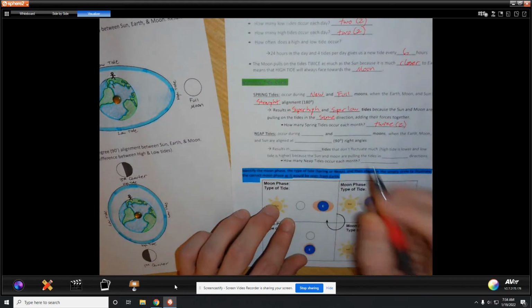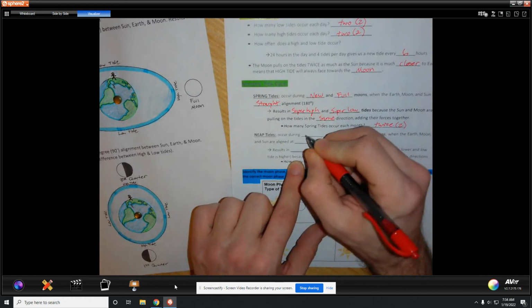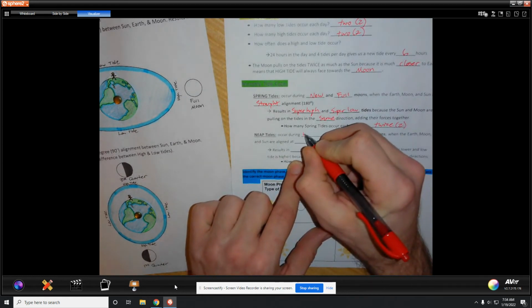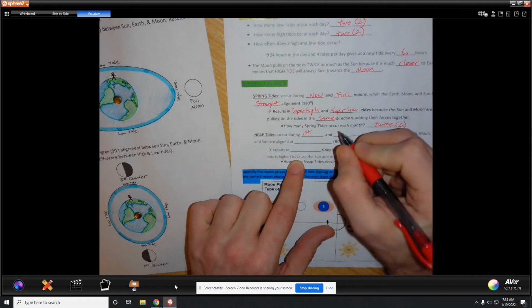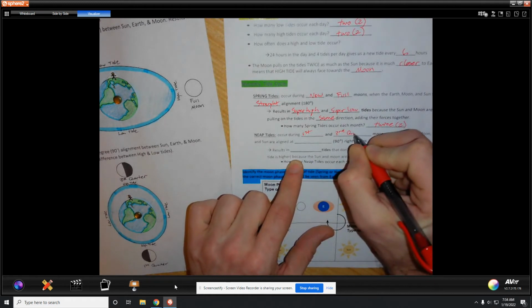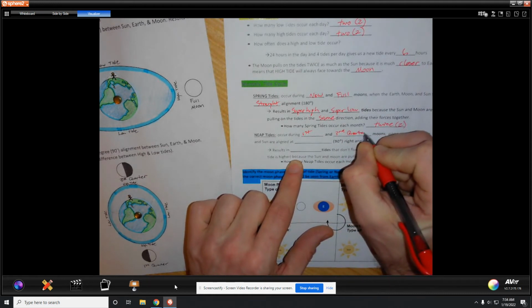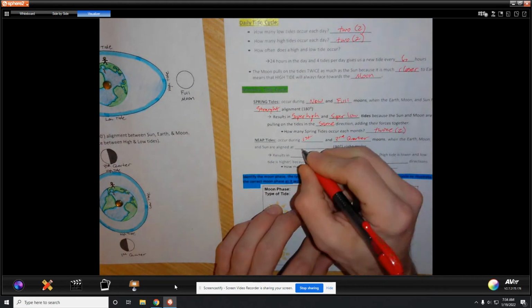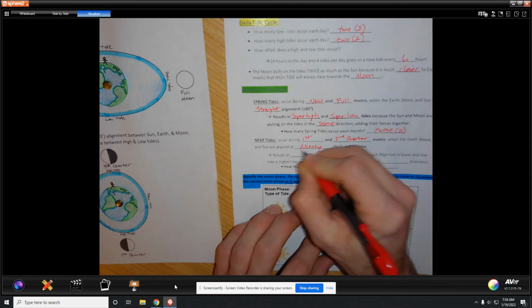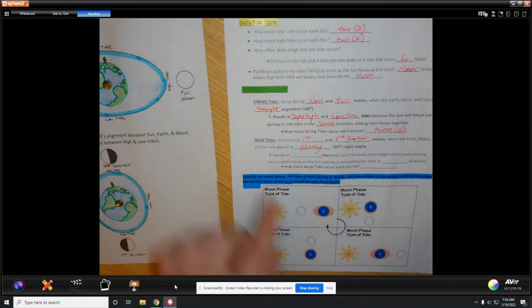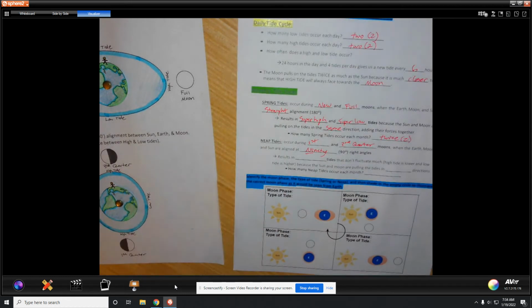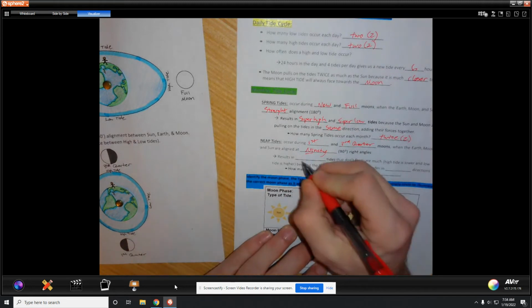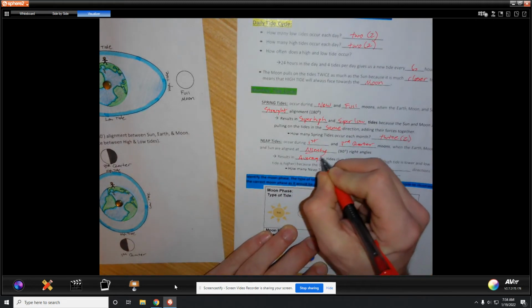So neap tides occur during first and third quarter moons when the earth, moon, and sun are aligned at 90-degree right angles. So neap, 90, is going to give us normal, or as I like to remember, average tides.